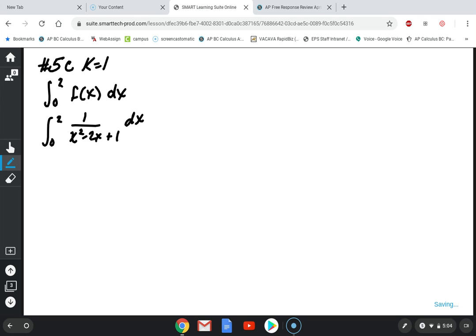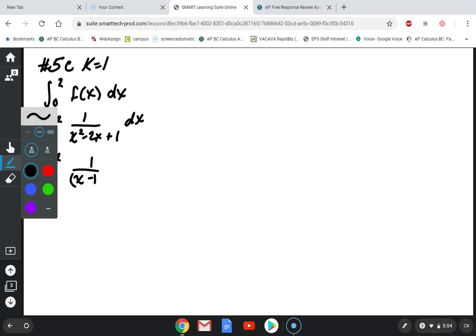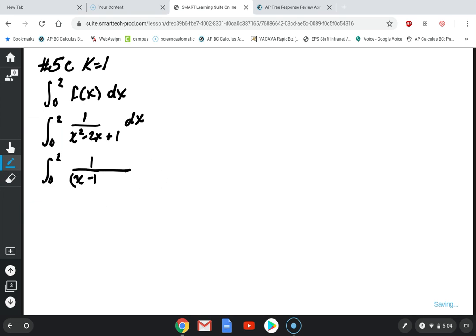Now, the key to this is to recognize that if k equals 1, we put that in, and if we factor the denominator, we have 1 over x minus 1 times x minus 1, and so I can rewrite that as (x minus 1) squared.